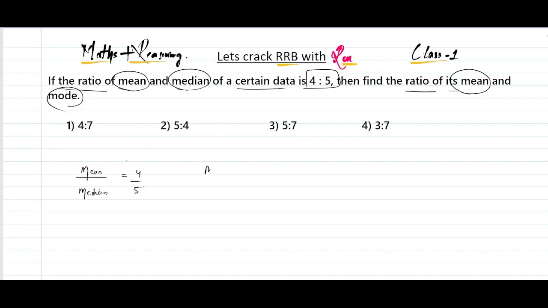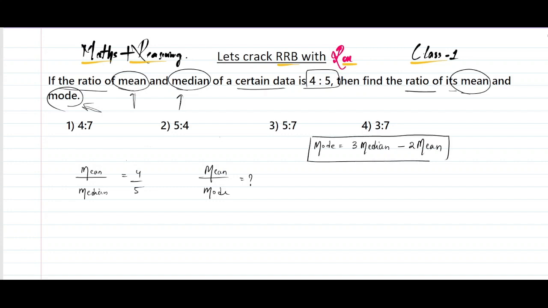So we need to find mean divided by mode value. Okay, see, there is a near relation between mean, median and mode. Remember this relation, mode equals 3 median minus 2 mean.